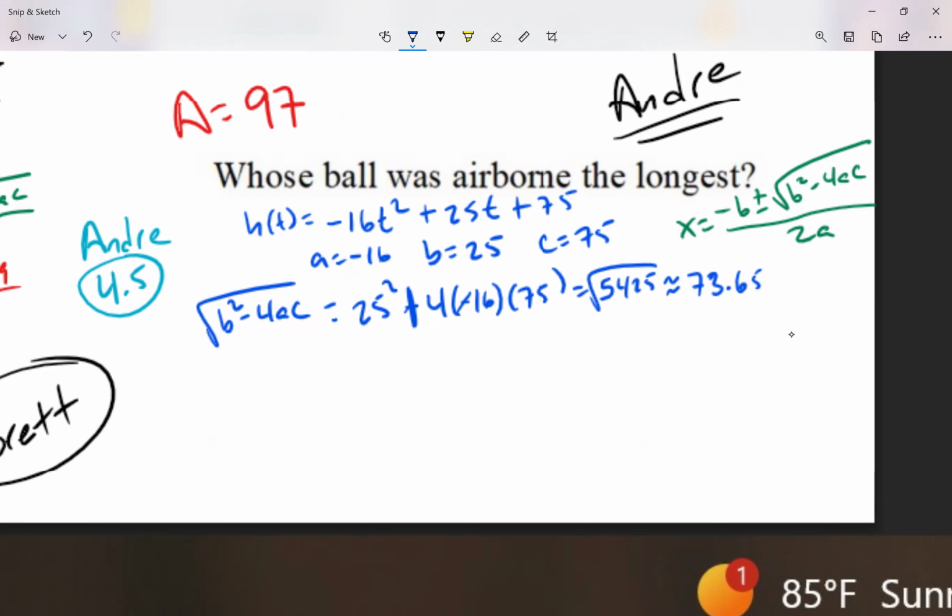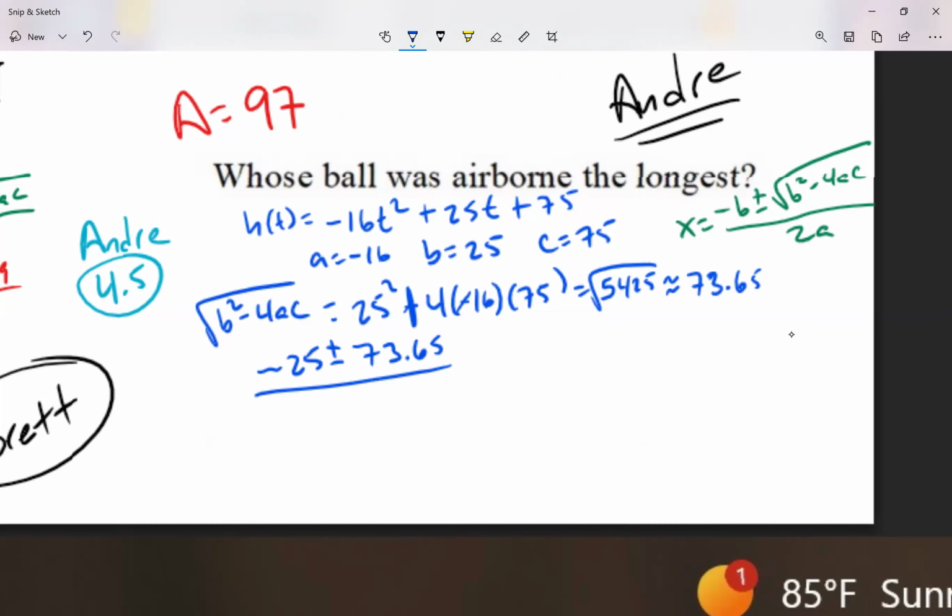Now to use the whole formula, I'm going to use negative b, so negative 25 plus or minus 73.65 all over 2 times a. We call that negative 32. Okay, so on my calculator, I'm going to type it in here.